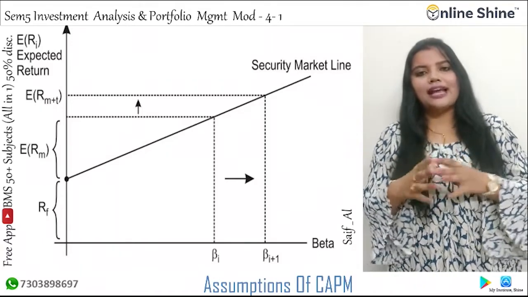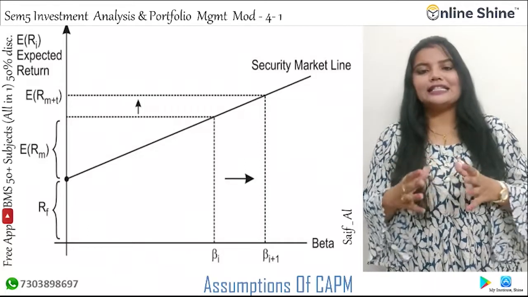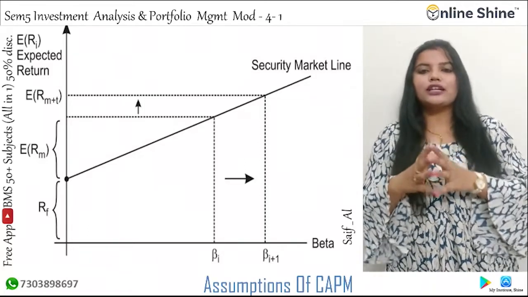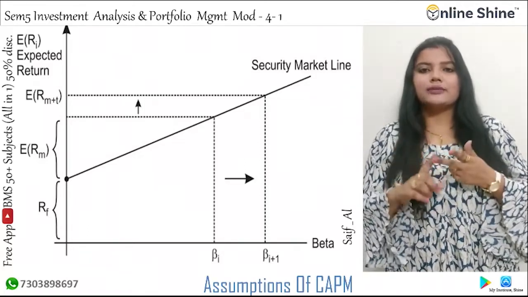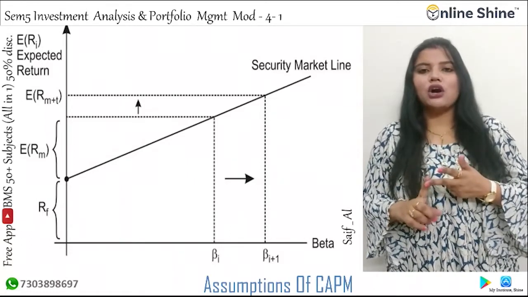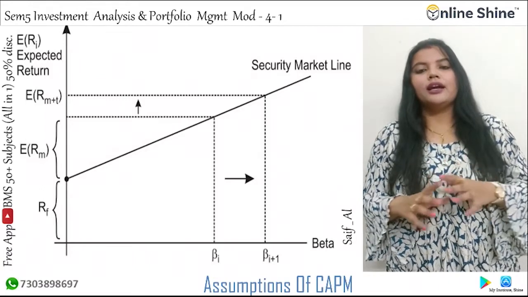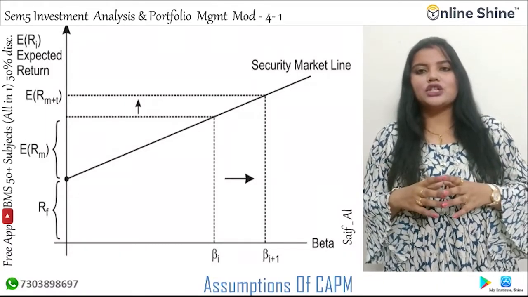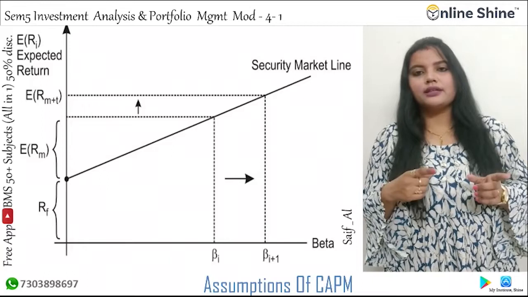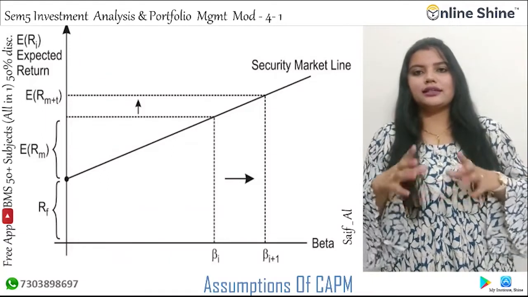It shows that expected return on a security is equal to risk-free return plus risk premium, which is based on the beta of that security. Below is an illustration of CAPM concept. You can see this diagram.